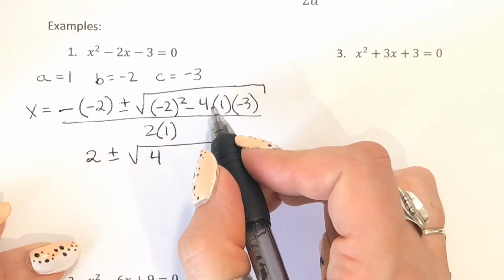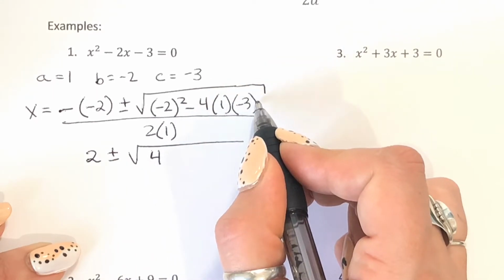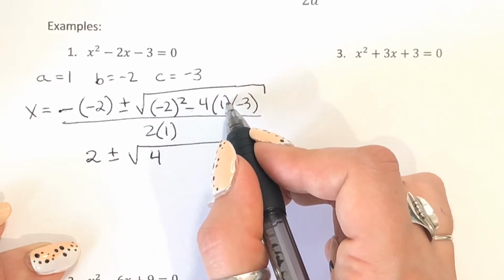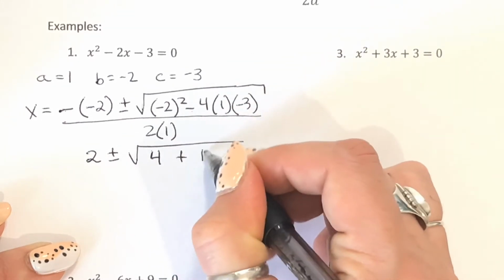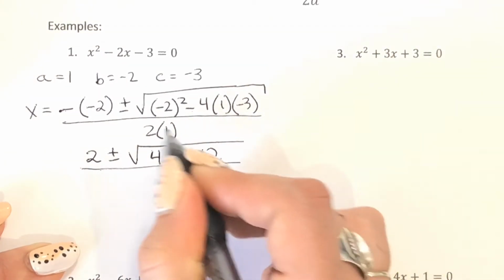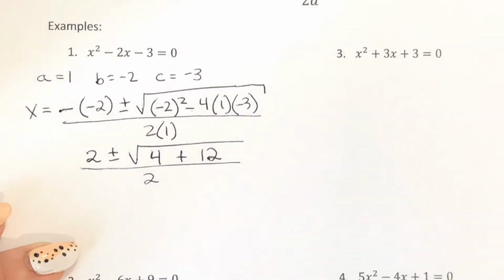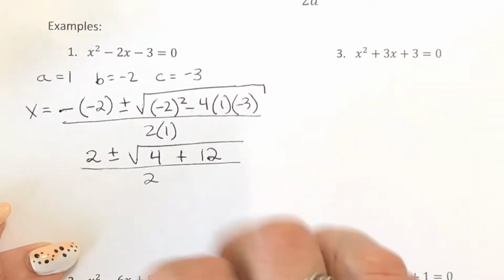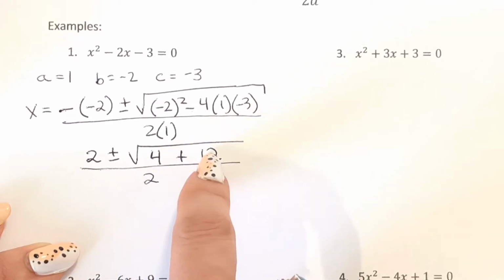And then here we have negative 4 times 1 times negative 3. Well, negative 4 times 1 is negative 4. Negative 4 times negative 3 is a positive 12. And then all of it is being divided by 2 times 1, which is 2. So that's kind of the first step of simplifying. But then we can simplify again because we can add the 4 and the 12 together.